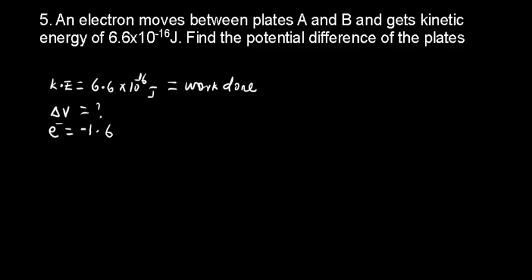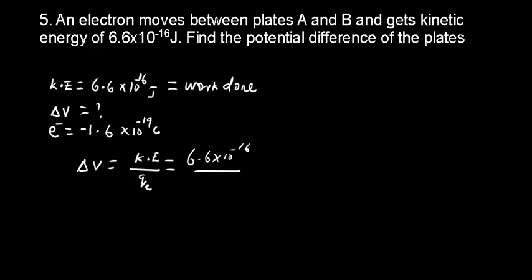So remember that the potential difference is equal to work done over the charge of the electron, which is equal to 6.6 times 10 to the power negative 16 divided by the charge of the electron, negative 1.6 times 10 raised to power negative 19.